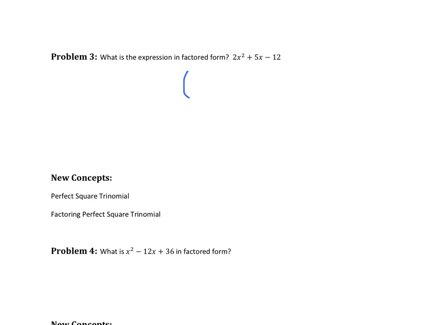So I'm going to set up and do guess and check again. I'm going to set it up so I have 2 binomials. Remember, F makes up 2x squared. O plus I will make up my middle term, 5x, and L makes up my last term. So I have to keep that in mind. So the first 2 terms multiplied together have to be 2x and x, because that'll give me 2x squared. That's my only option.